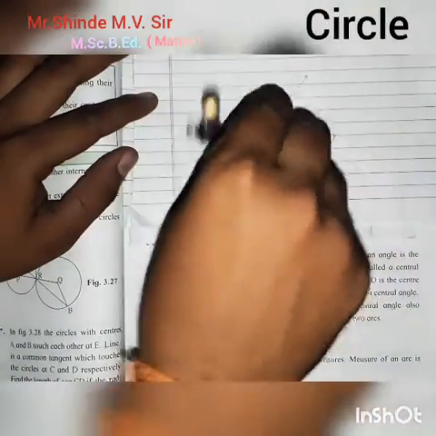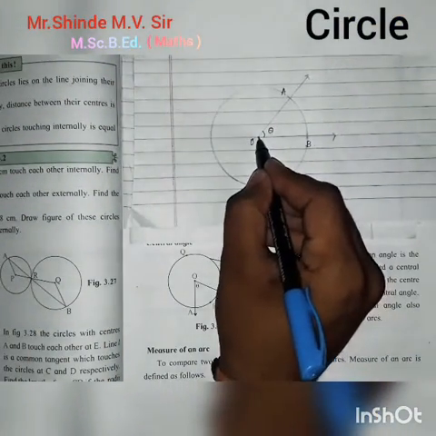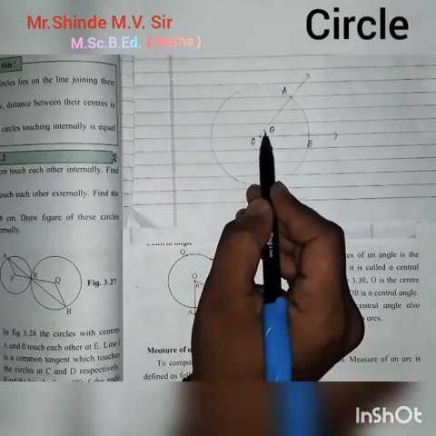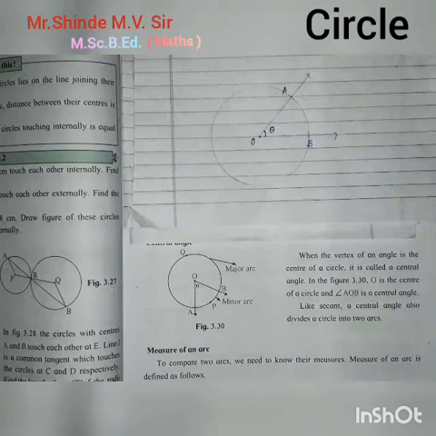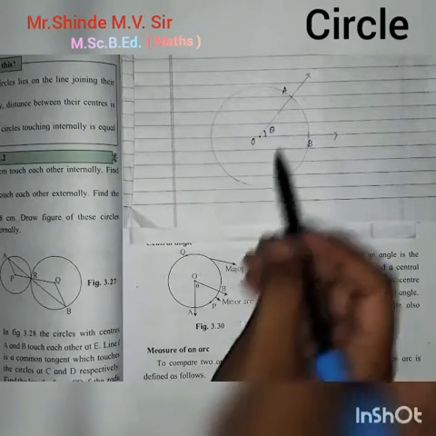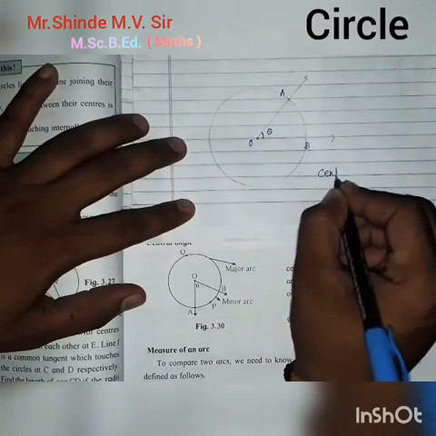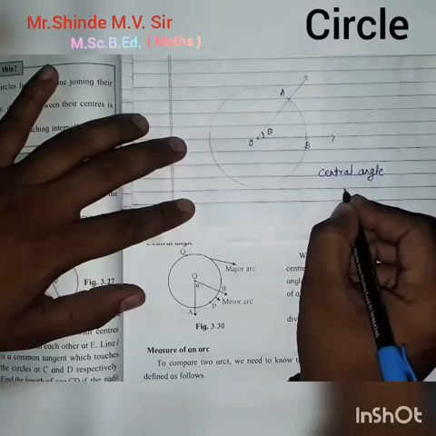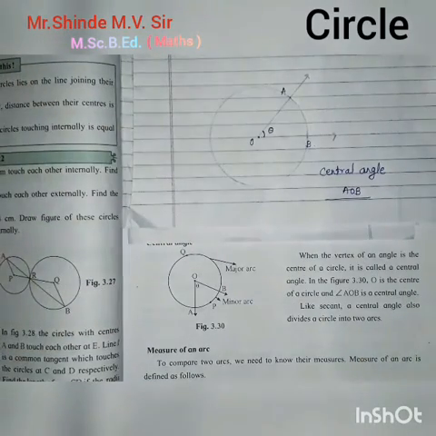Here O is the vertex of the angle AOB, and it is also the center of the circle, so that angle is called a central angle. It means AOB is a central angle. Understood what is the definition of a central angle?